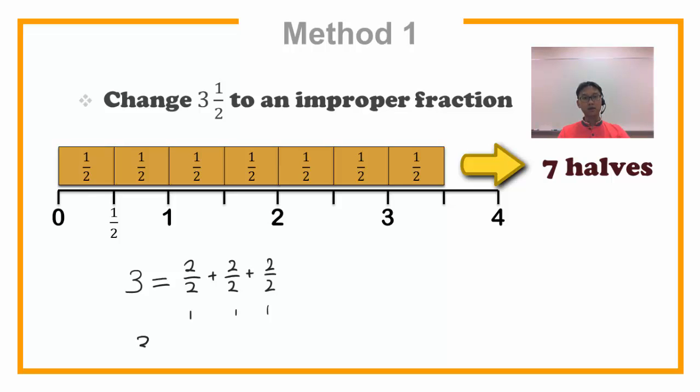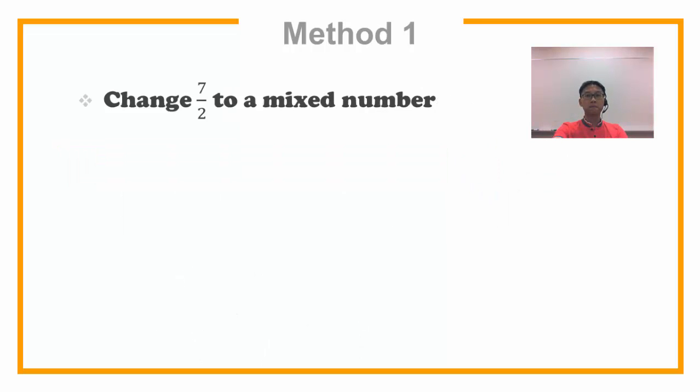So if that's the case, then 3 1/2 is equal to 2 over 2 plus 2 over 2 plus 2 over 2 plus my half, and that will give you 7 halves, or 7 out of 2 equal parts. So that's how you use a diagram, or you can just simply write it out like that.